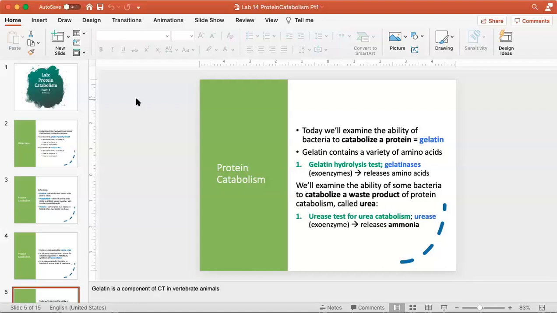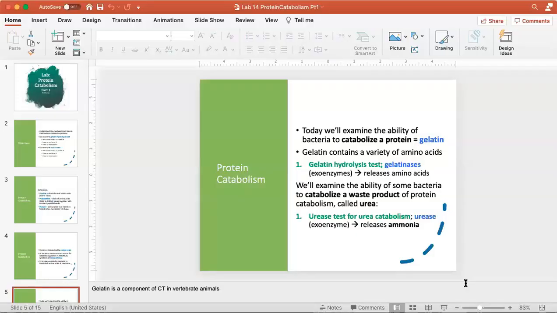There is a whole family of enzymes that can break gelatin apart. Now, in microbes, these are, again, exoenzymes. Remember, we defined that term as meaning an enzyme that the microbe is going to secrete, it's going to exit the cell into the environment. Remember when we talked about the starch hydrolysis test, we said that some microbes have the ability to secrete amylase into their environment and break down any starch that might be around them to get at the glucose.